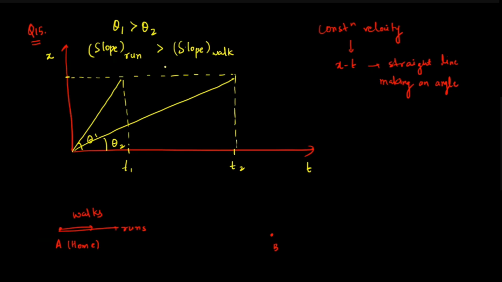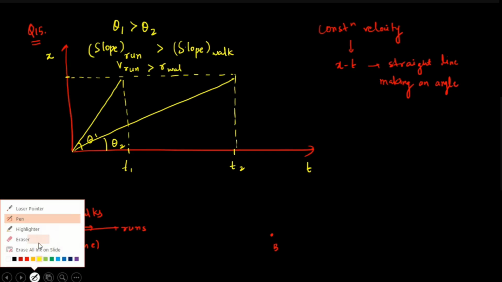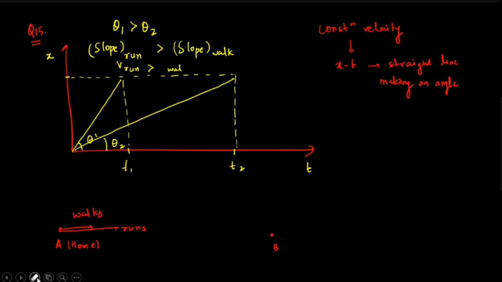So the slope of displacement time graph gives us what? Velocity. This is what we already know. So velocity of runner should be greater than velocity of walker, which is represented by this particular graph. That's it. Tell me the next one.